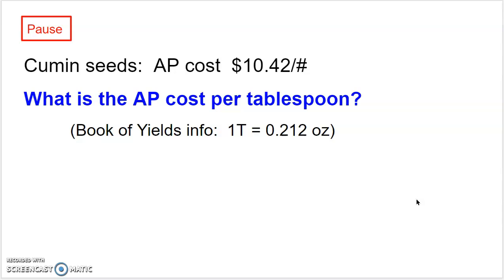So now pause it again and look at this one. So now what if we want the AP cost per tablespoon? And to do this, we have Book of Yields information that says 1 tablespoon is equal to 0.212 ounces.